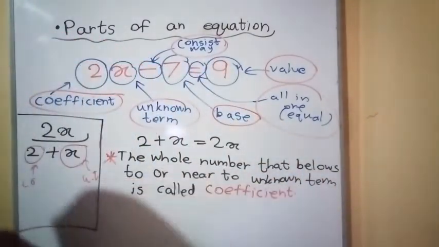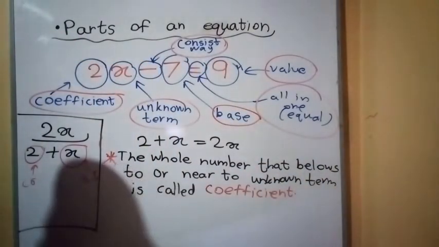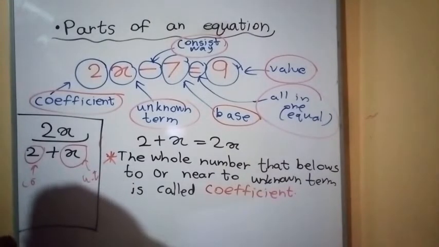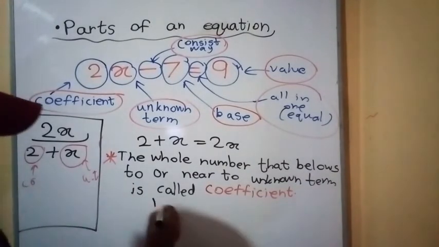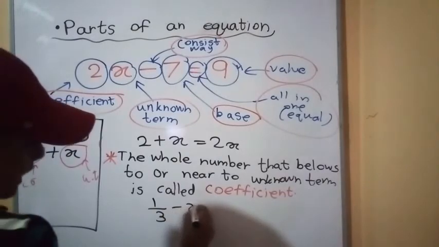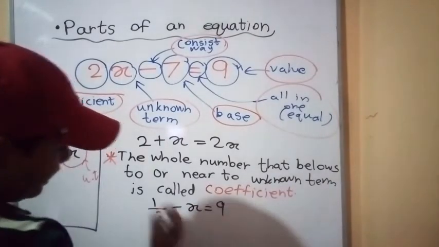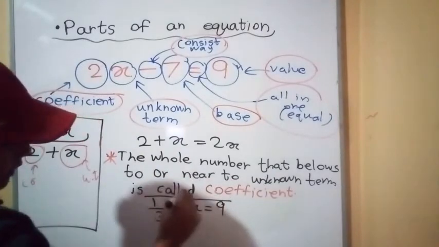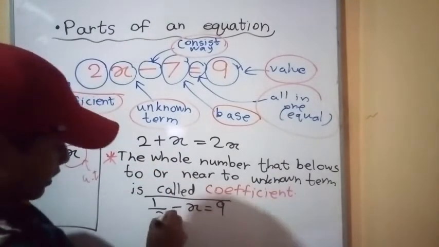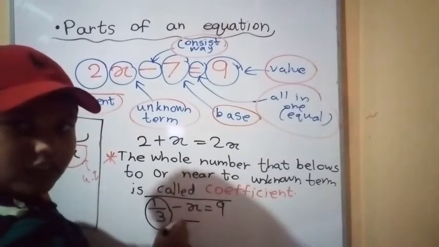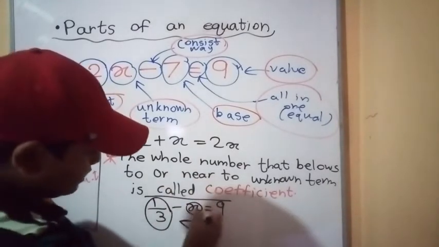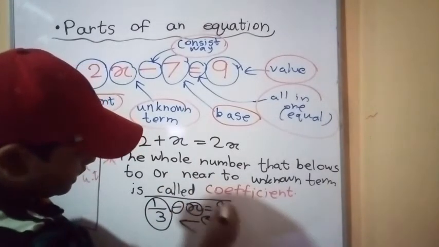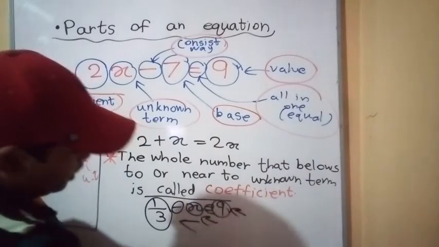Right? Now if you have something like 1 over 3 subtract x means 9, right? Now what is its coefficient? This is the coefficient. Now this is called base, this is the consistent way, this is the value, this is the all in one.